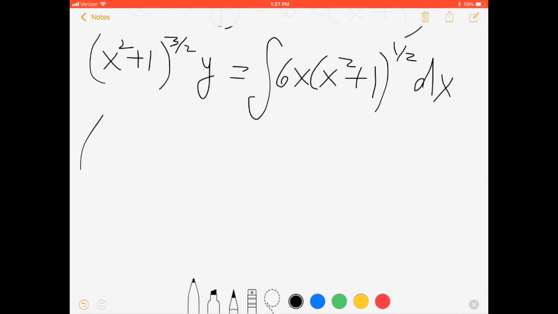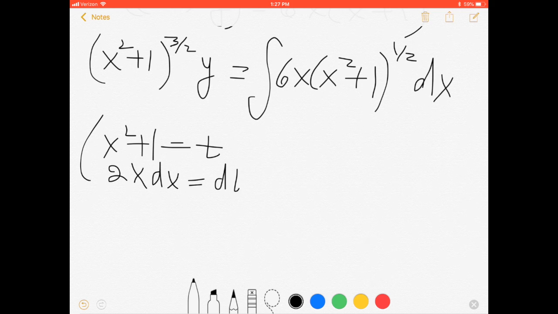Standard substitution here: x squared plus 1 will be t, and 2x dx gives me dt.